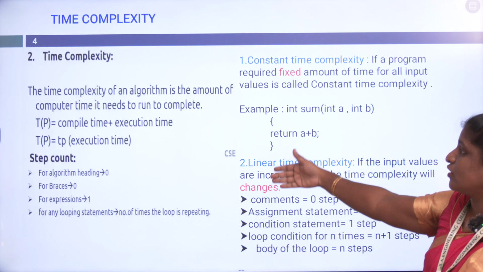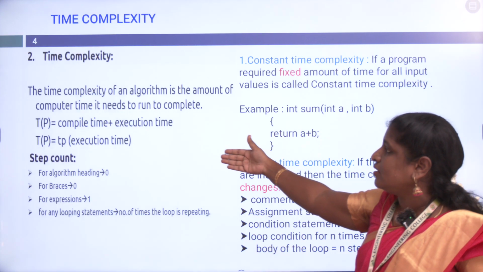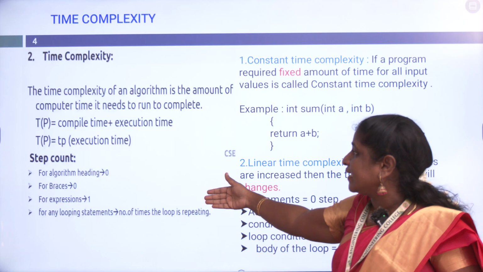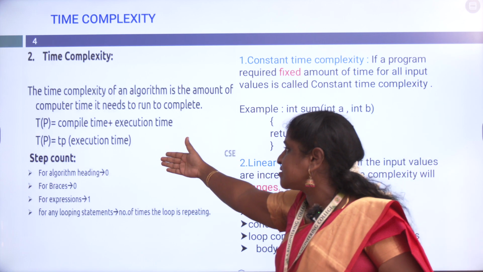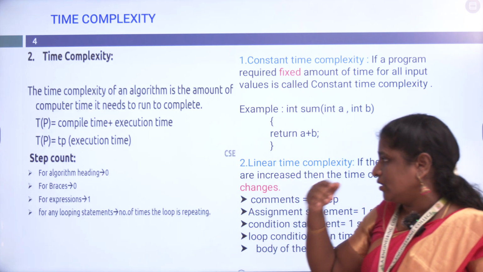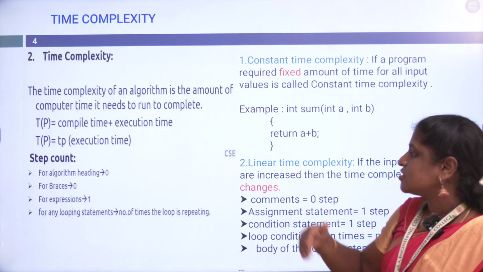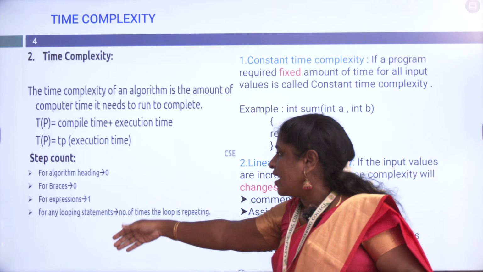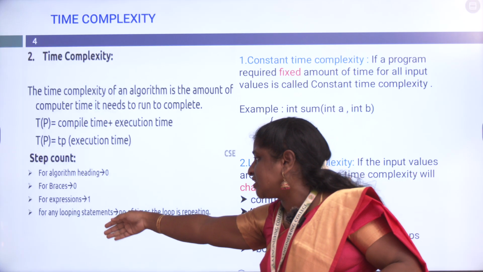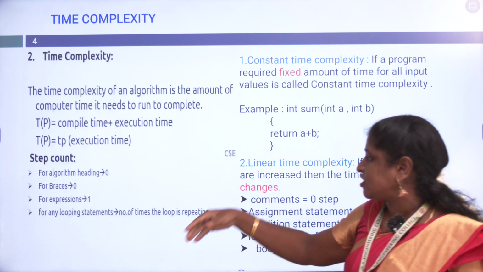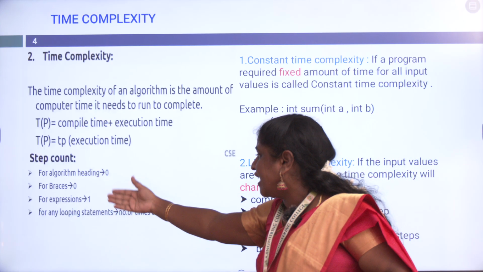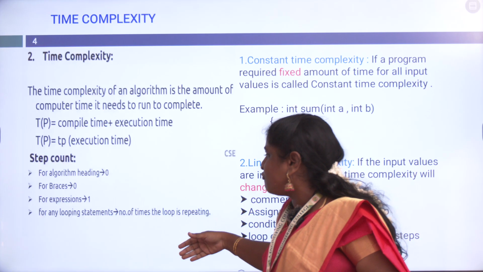Here we calculate the amount of time needed to complete, which comes under compile time and execution time. For writing the algorithm, the algorithm heading takes 0 and braces take 0. If you solve an expression, that comes under 1 unit. For any looping statement, we calculate the time based on the number of loops.